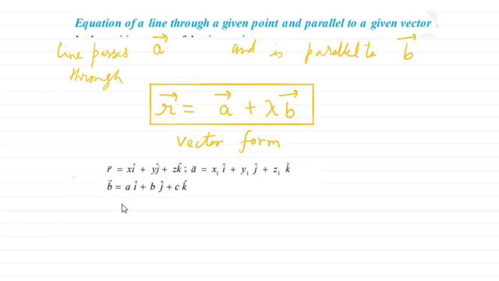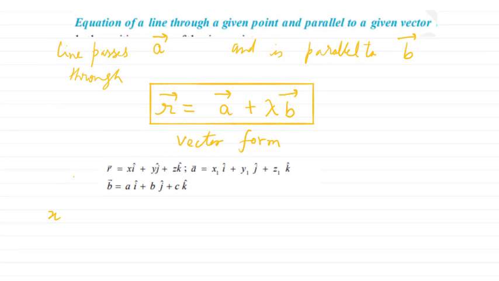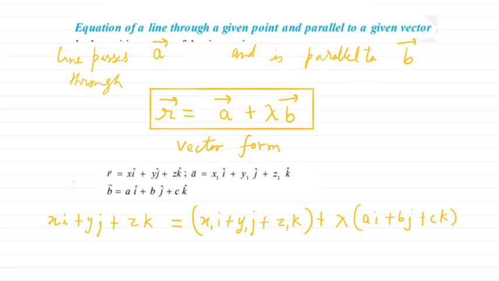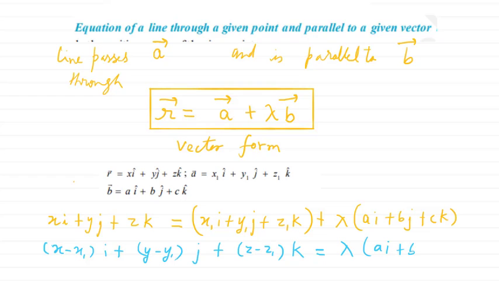So you can write this vector equation in this form: xi plus yj plus zk equals x1i plus y1j plus z1k plus lambda times (ai plus bj plus ck). What we'll do here is write (x minus x1)i plus (y minus y1)j plus (z minus z1)k equals lambda into (ai plus bj plus ck).